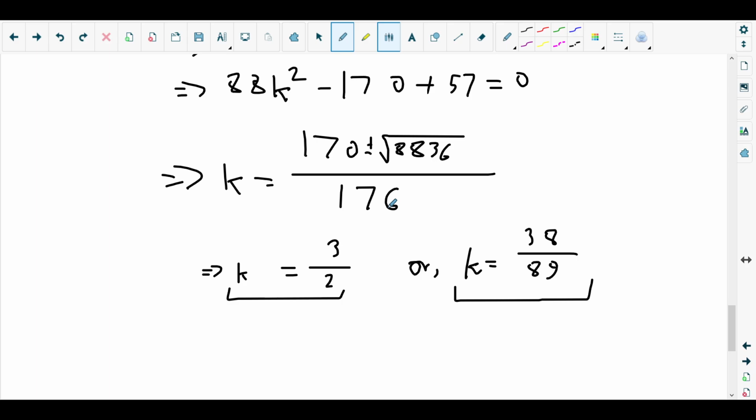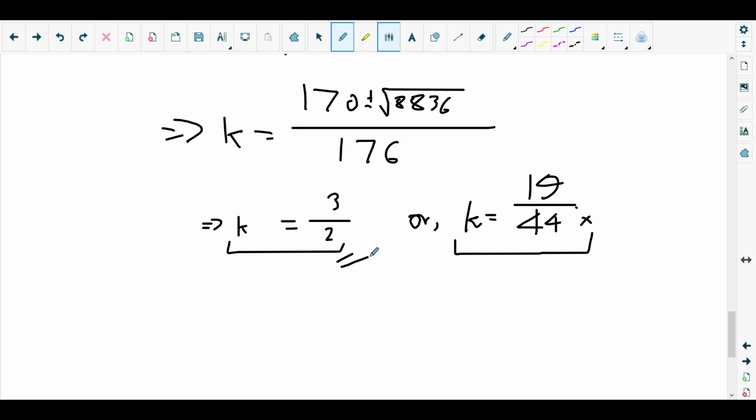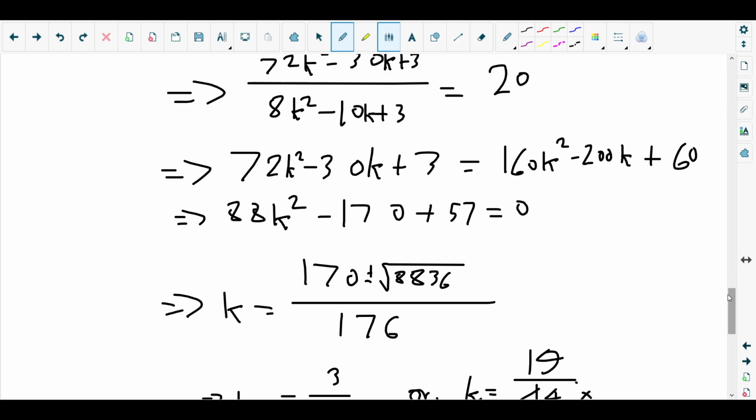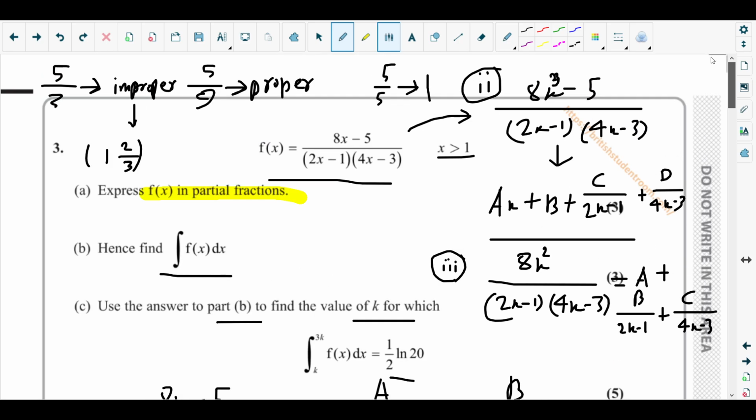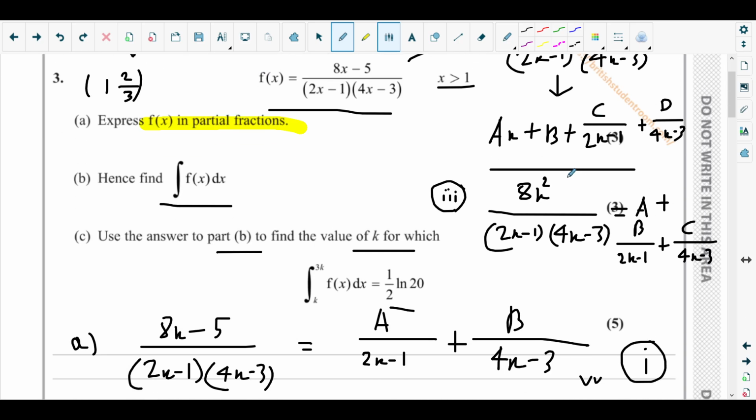So the value is either k equals 3 over 2 or 19 over 44, which is not acceptable, so ignore this one. K equals 3 over 2 is the answer for part C. And that's all about question number 3 from the June 2023 P4 paper.